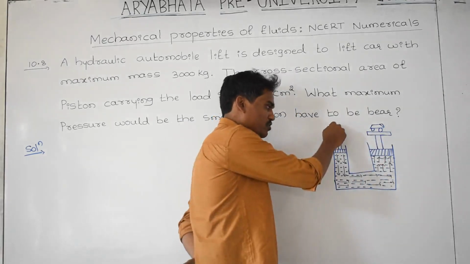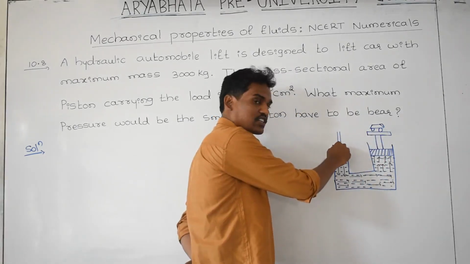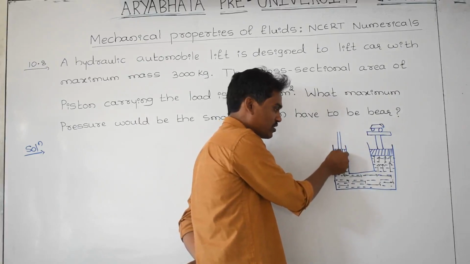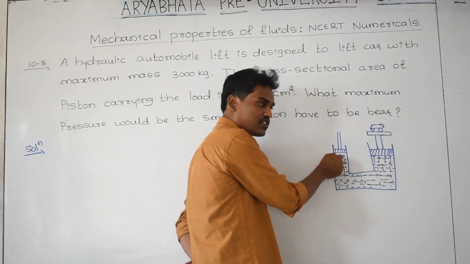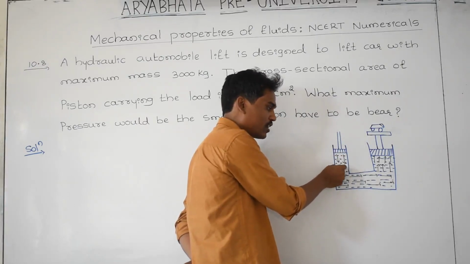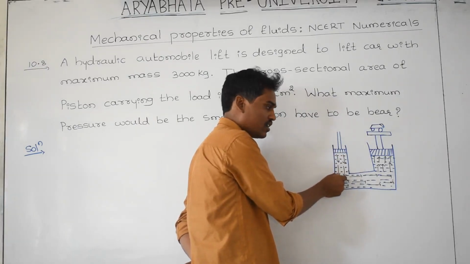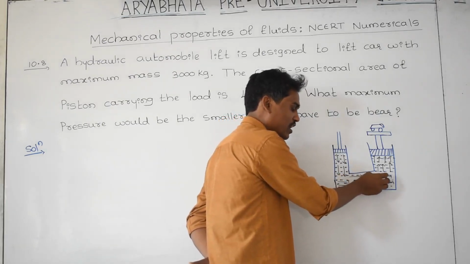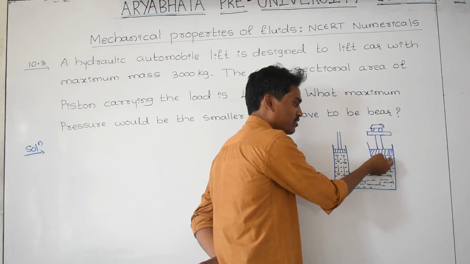If you apply an external force on the smaller piston in downward direction, it exerts a pressure in the liquid. That transmitted pressure in the liquid in all directions is the same, according to Pascal's law. After that the pressure is exerting equally in all directions, and finally it is exerting on the bigger piston.